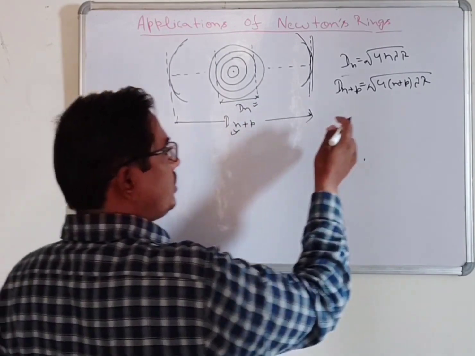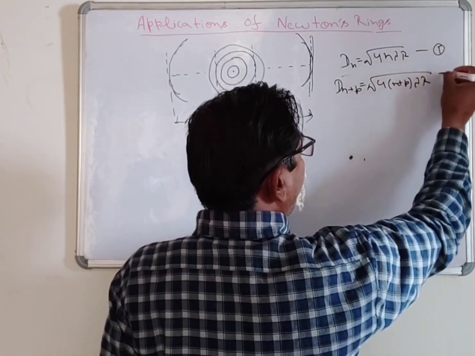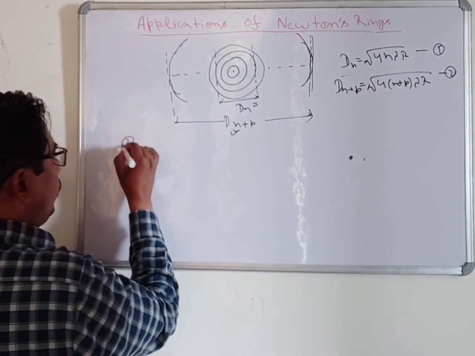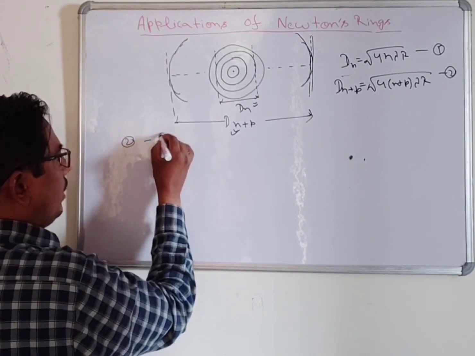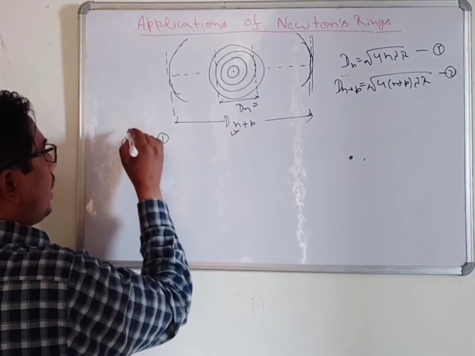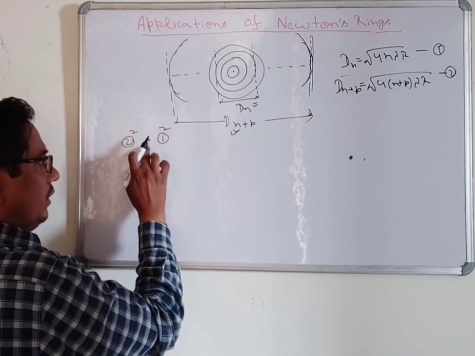So we will take the difference between the equations, 2 minus 1. You can see the square of 2 minus the square of 1.